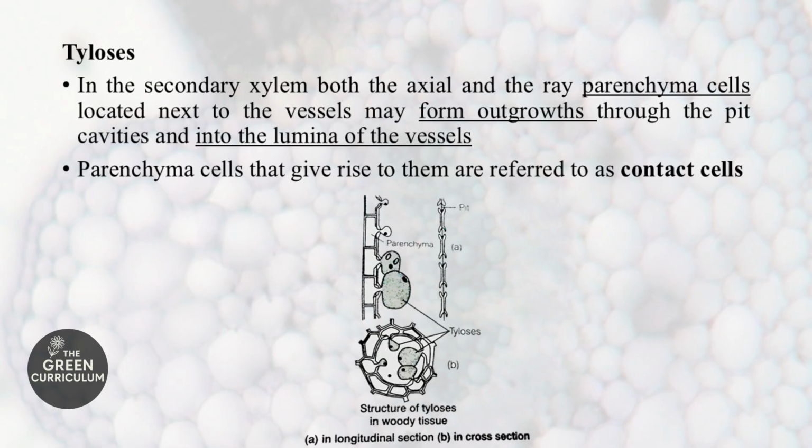Sometimes these parenchyma cells form outgrowths through the pit into the neighboring vessel lumens, and such outgrowths are known as tylosis, and the parenchyma cells which give rise to tylosis are known as contact cells.